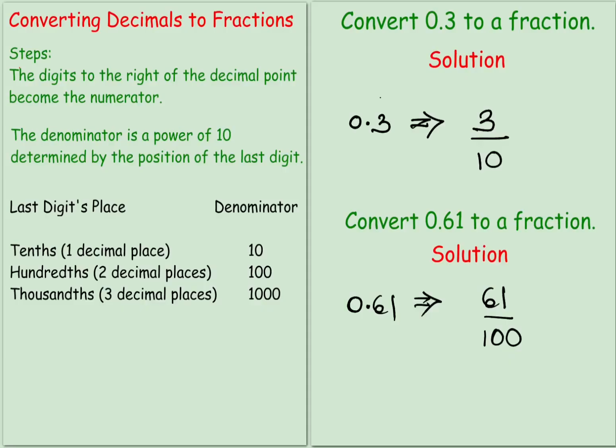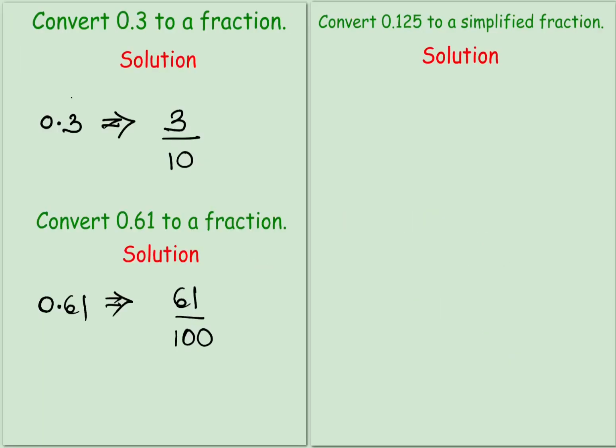So let's look at this last example here. In this case, we have 0.125, and you want to change this into its fraction, in simplified form for that matter. So the digits that come after the decimal become 125, then all over. Now, since there are 3 digits, we are going to write 3 zeros. With this, you realize that 125 can divide 1000 a number of times.